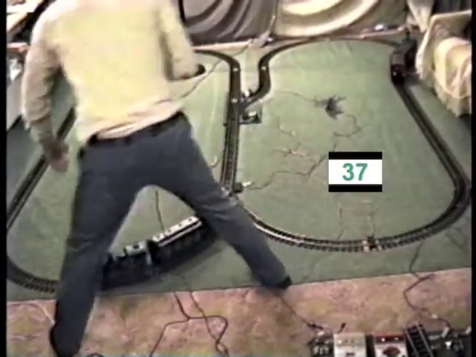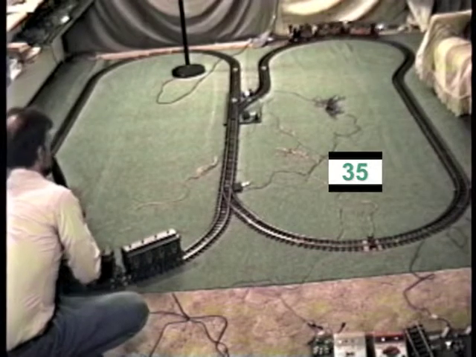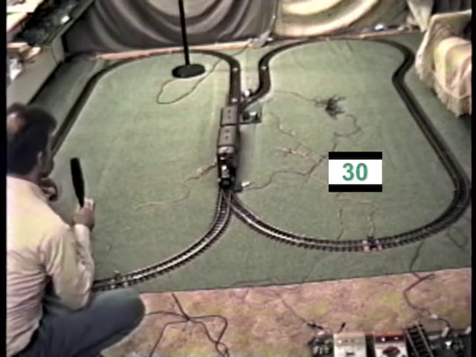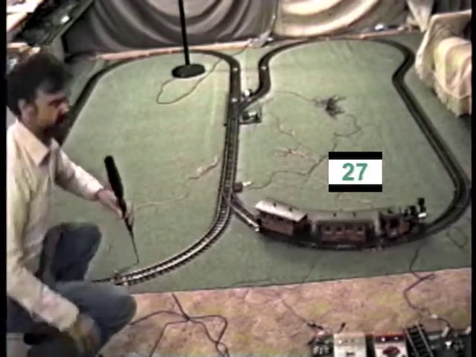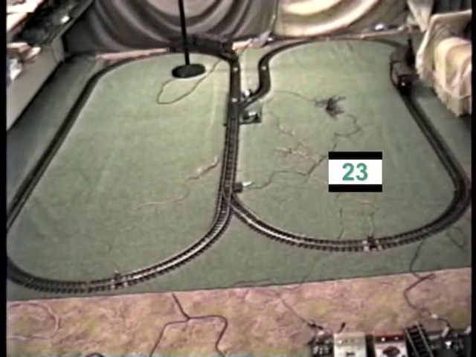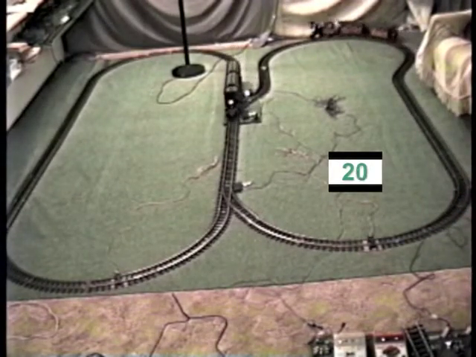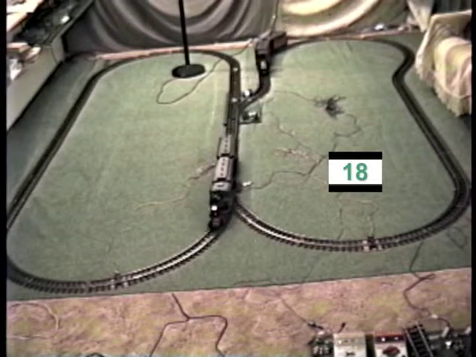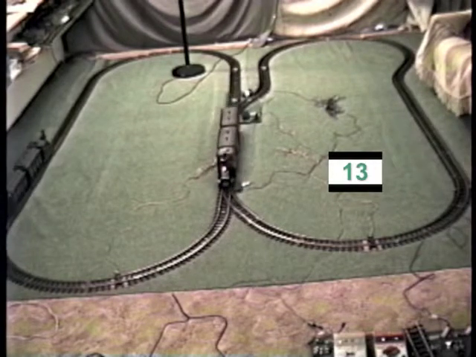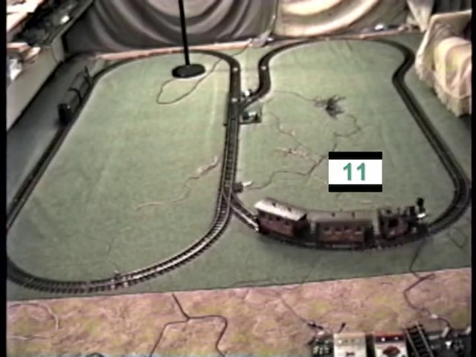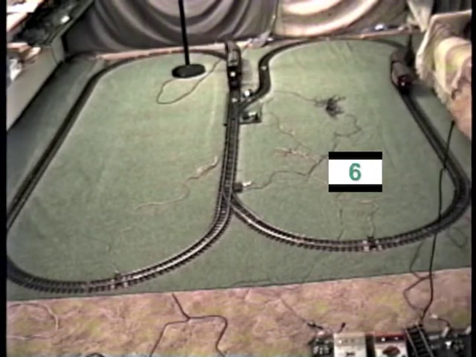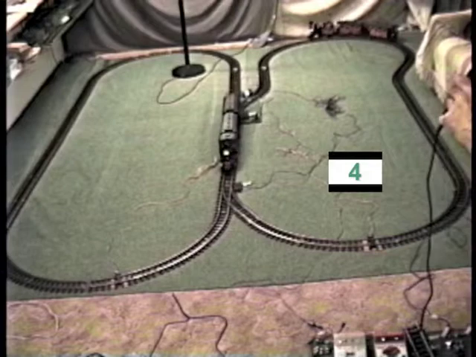Let's hold the green one back. This situation is pretty speed independent as far as I can tell when they're on their own separate routes.